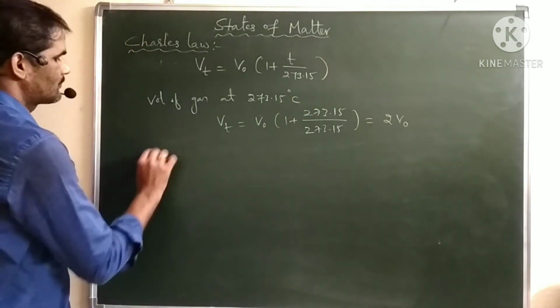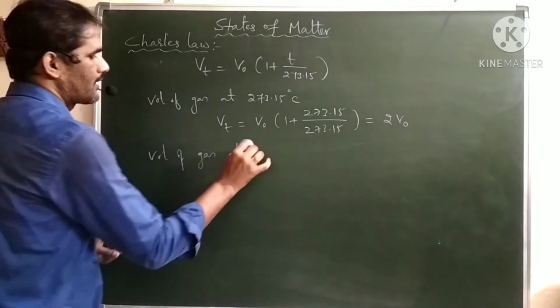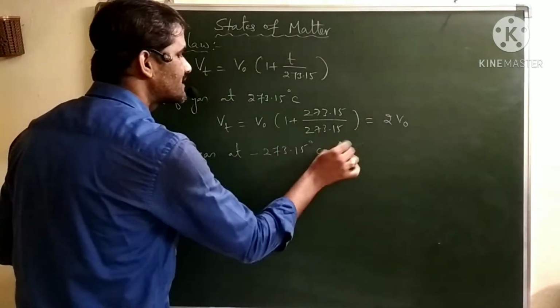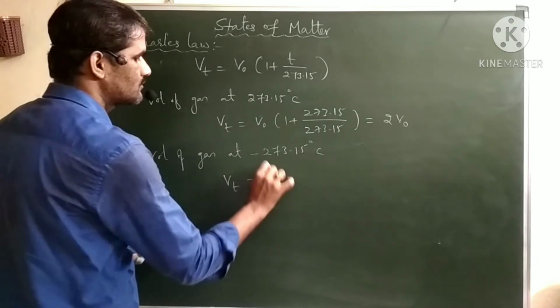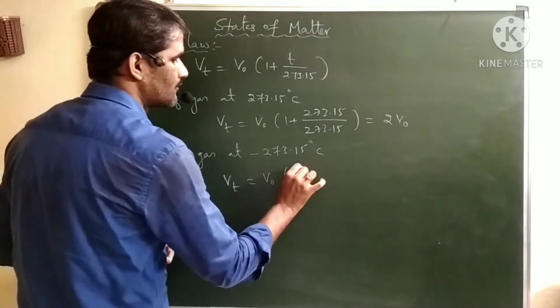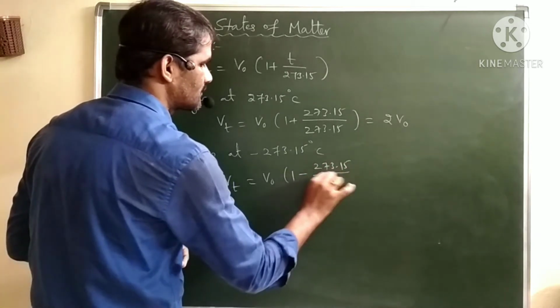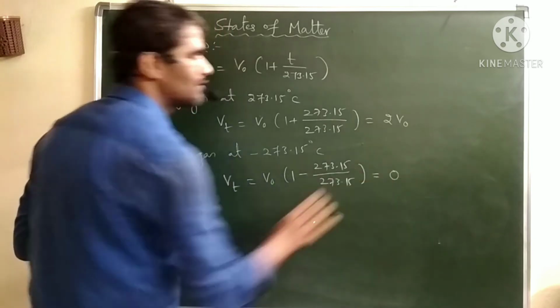And the second: the volume of gas at minus 273.15 degrees Celsius. Then we get Vt equal to V0 into 1 minus 273.15 by 273.15, so that gives 0.